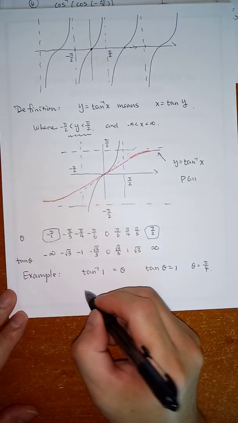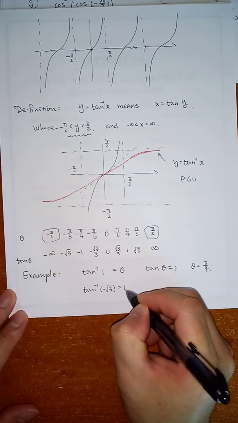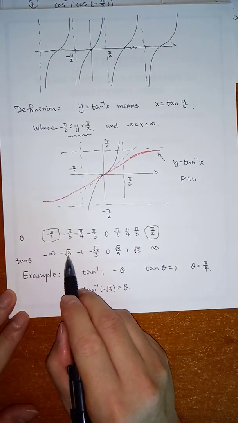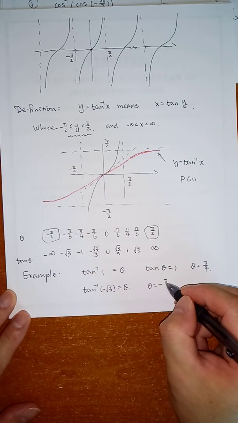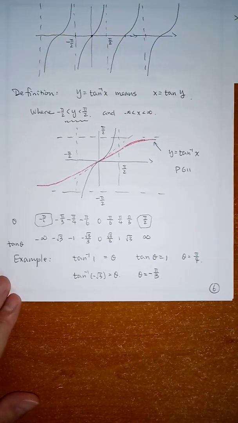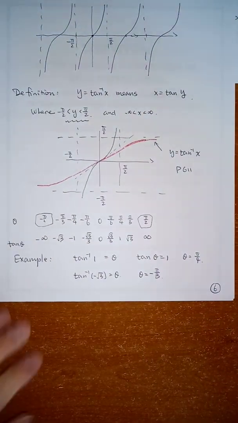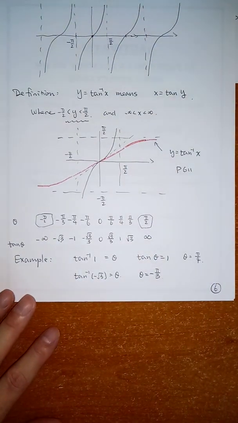And if you want tangent inverse of negative root 3, you find negative root 3 in the table, then theta is negative pi over 3. Whenever we have the table, it's an easy job, much easier.